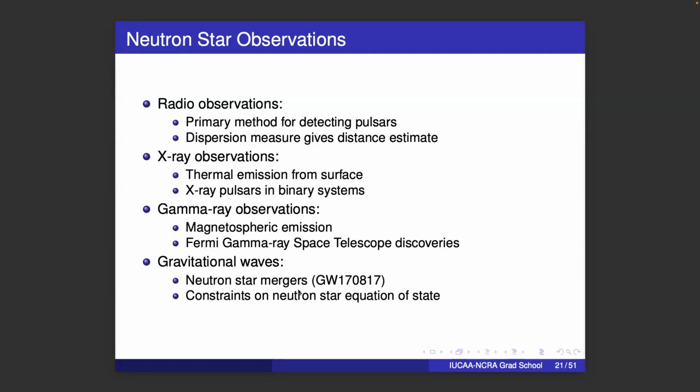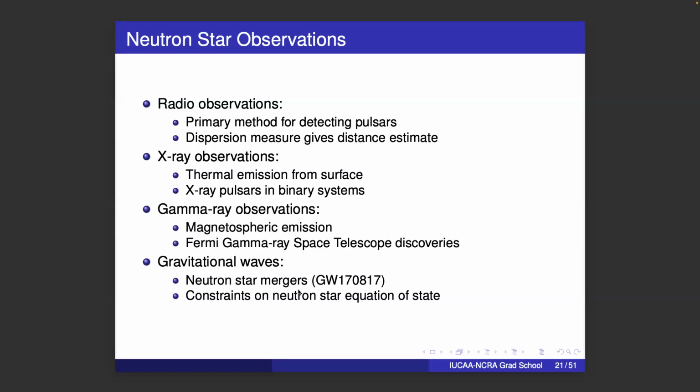Gamma ray observations can give you an estimate or measurements of the magnetospheric emission from the neutron star. And there is a telescope known as the Fermi telescope, which has discovered a large number of gamma ray pulsars. These are Fermi pulsars, which are then followed up in the radio and so on.